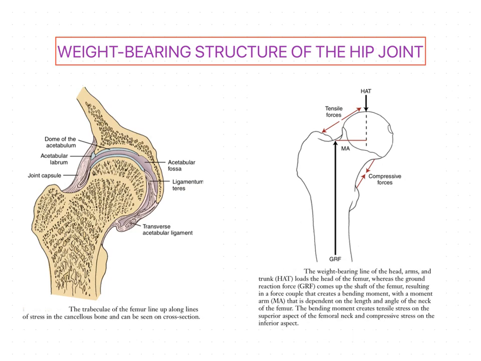Over this cancellous bone we can find lines of stress forming systems which adapt to stress requirements. In this cross section, you can find the trabeculae of the femur lining up along lines of stress in the cancellous bone.